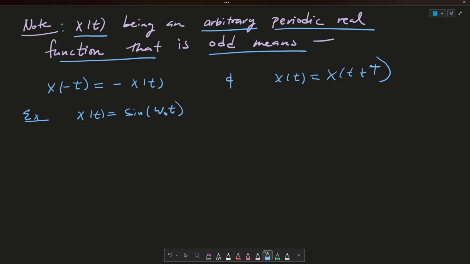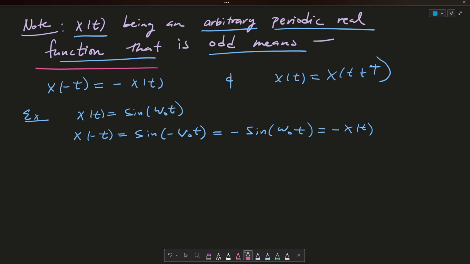The reason is because if I take x of minus t, this is equal to sine of minus omega naught t, which is also equal to minus sine of omega naught t, which is equal to minus x of t. And that satisfies this condition here, saying that x of minus t is equated to minus x of t.